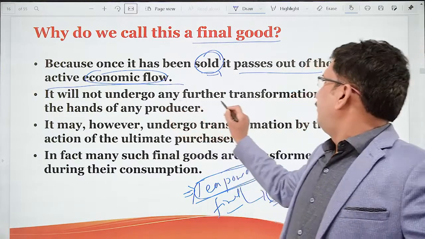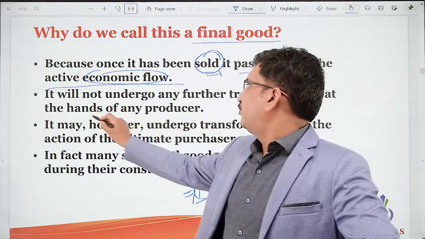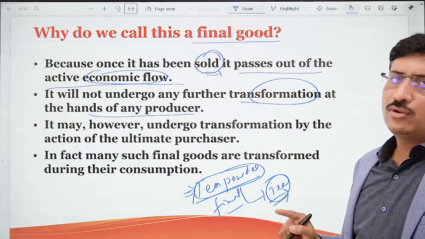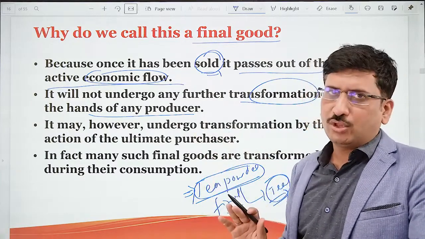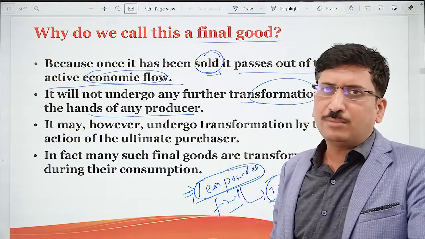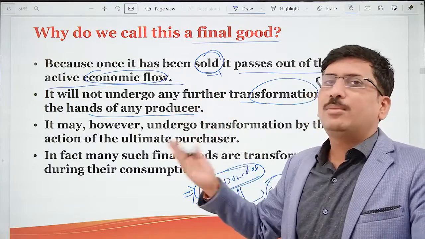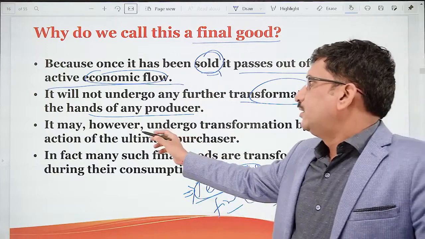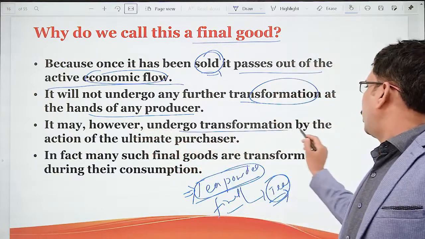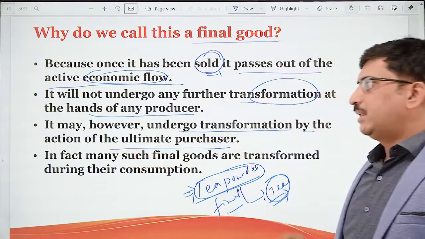So it will not undergo any further transformation at the hands of any producer in the economic flow concept. Earlier, in the general way, we had an understanding just about transformation, but here it is not just about transformation, it is also about economic exchange. Okay, so as I said, however, it may undergo transformation by the action of the ultimate purchaser.